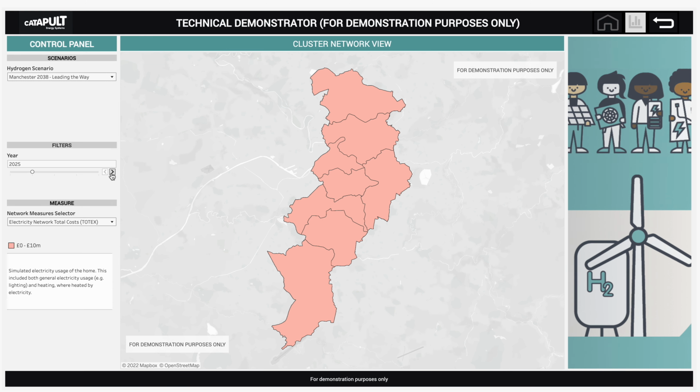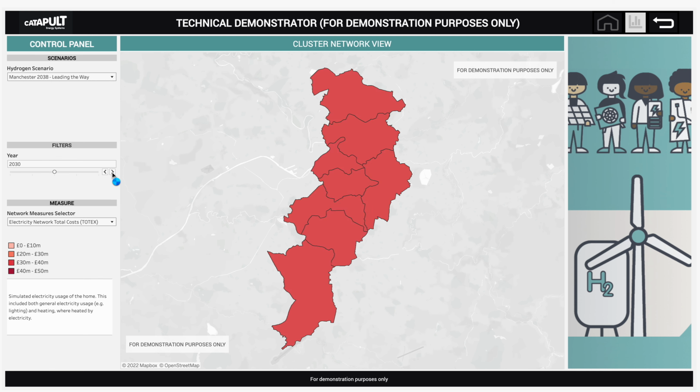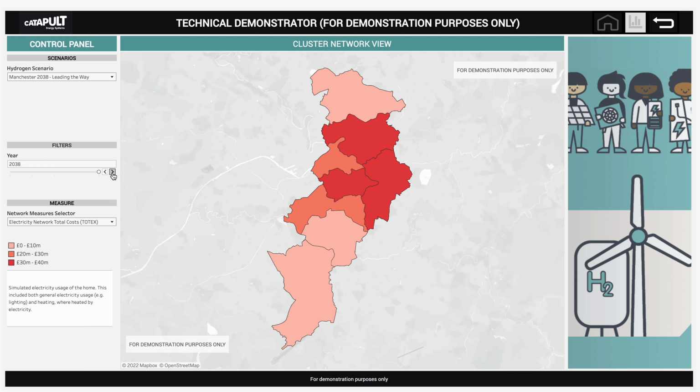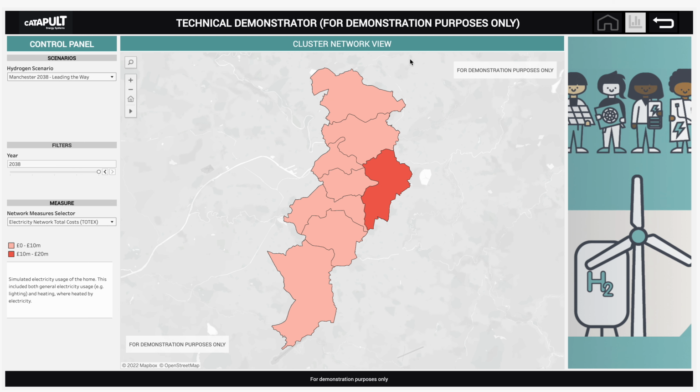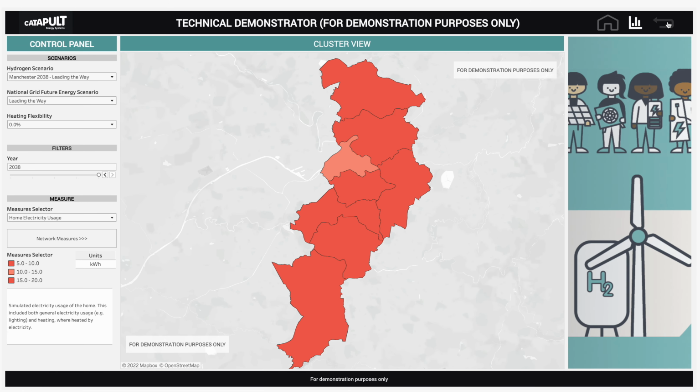So if we look at TOTEX, we can see that the investment really increases during those middle years and then tails off again. So it's really during those middle years that we get the major investment, and I won't go into it now, but you can look at how that breaks down between capital and operational costs and the other fuel networks.